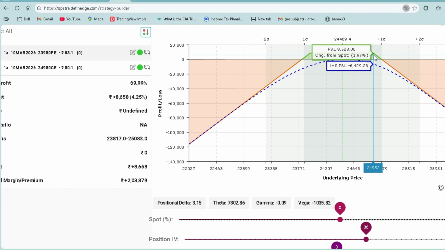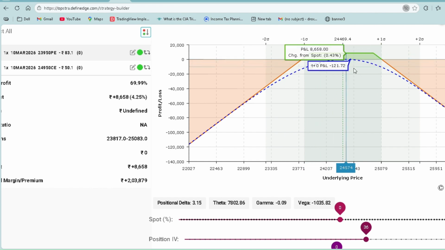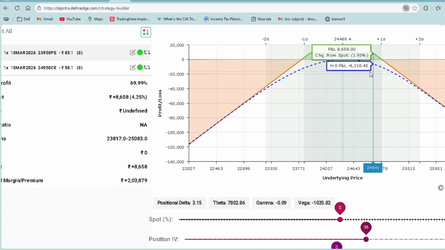The profit zone is roughly between 23,950 PE and 24,950 call. As time passes, the options lose value due to time decay, which benefits the seller.